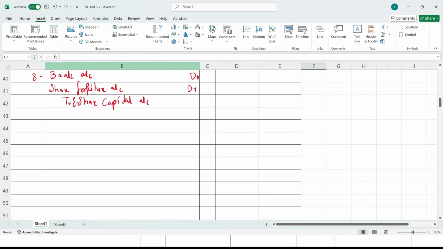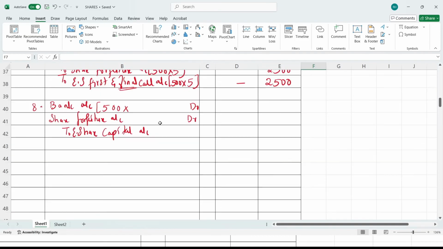Ma'am, you are using equity share here, but you are not using it in front of share forfeiture. In front of share forfeiture, don't use it. That will not be called equity share forfeiture. Don't use that. Okay. So now, bank account, how many shares are we reissuing? 500. How many have we cancelled? That many shares we are reissuing. 500 into, for how much price are you reissuing?